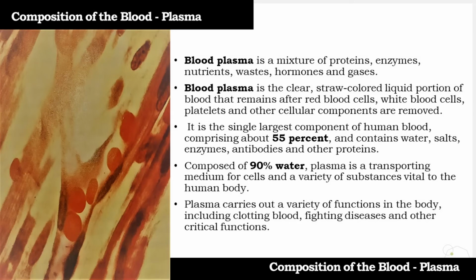It is the single largest component of human blood, comprising about 55%, and contains water, salts, enzymes, antibodies, and other proteins. Composed of 90% water, plasma is a transporting medium for cells and a variety of substances vital to the human body. Plasma carries out a variety of functions in the body, including clotting blood, fighting diseases, and other critical functions.